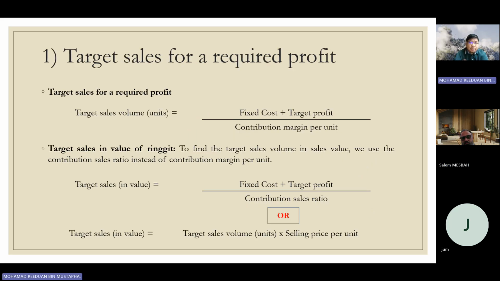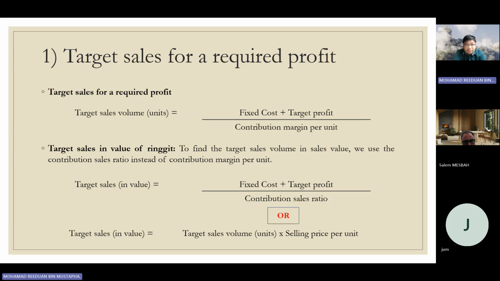Okay, this is the formula for target sales for required profit. Because you, as a CEO, have your target sales, then you need to calculate based on your target sales.